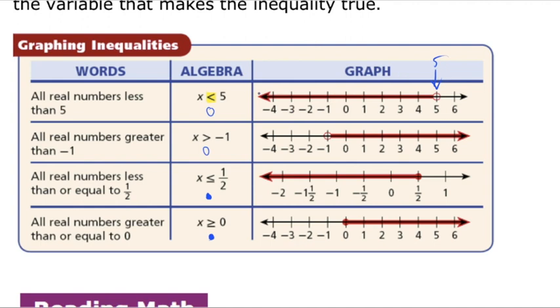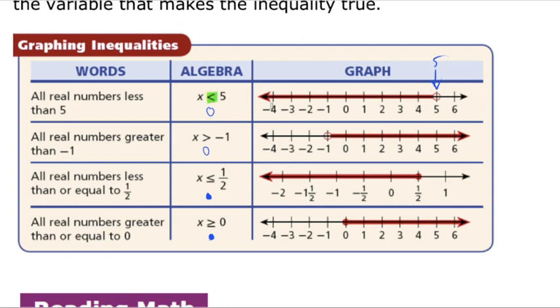So then, if you think about the way I was describing the less than or the greater than being to the left or being to the right, you can use that idea that all of our numbers of x are going to be to the left of 5 because I'm pointing my arrow to 5.